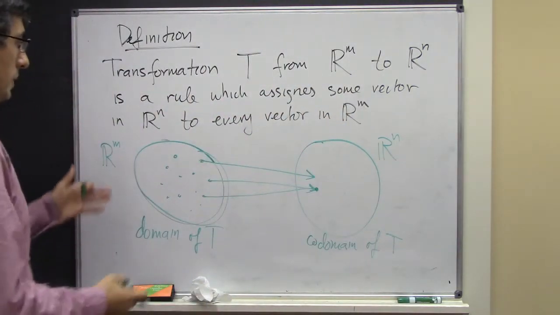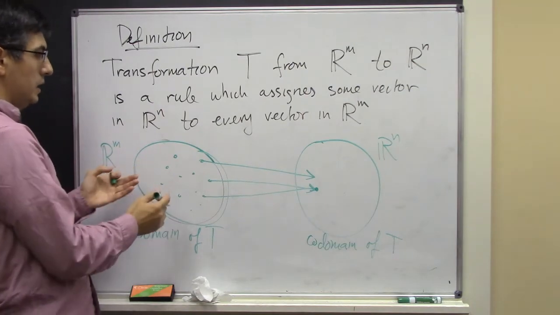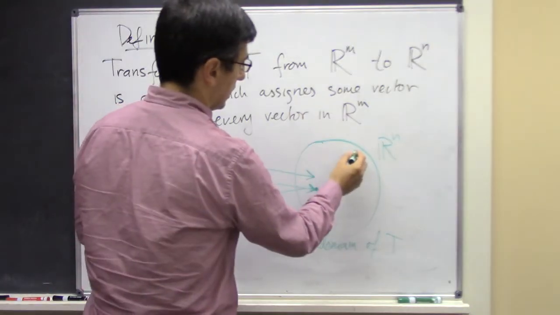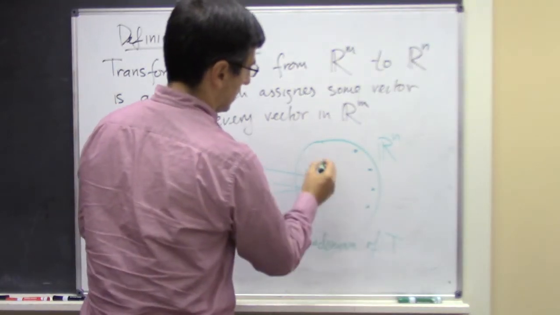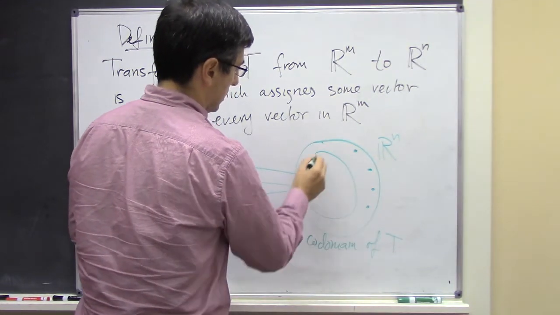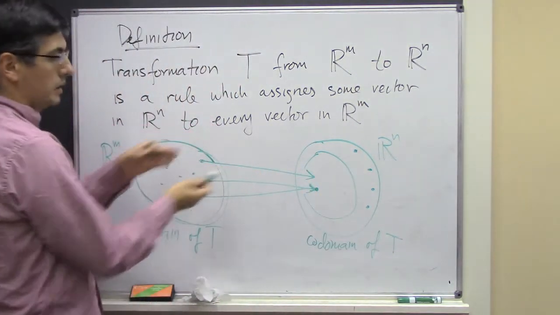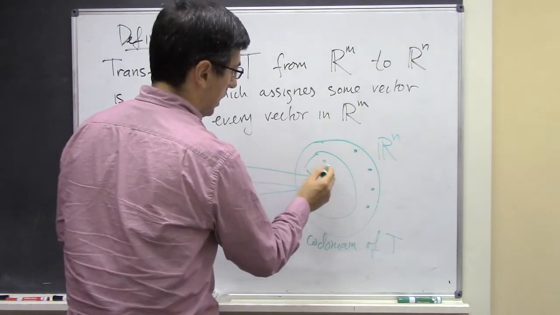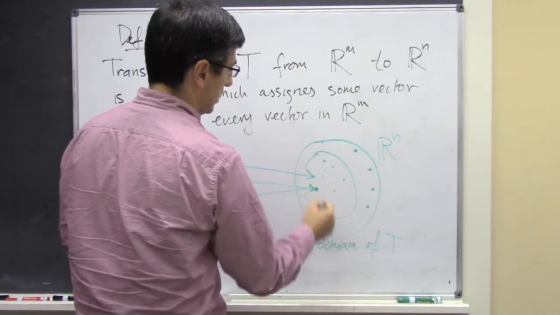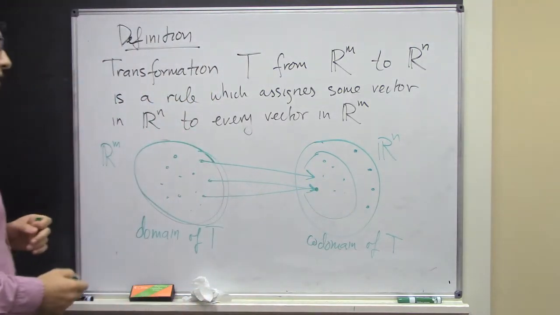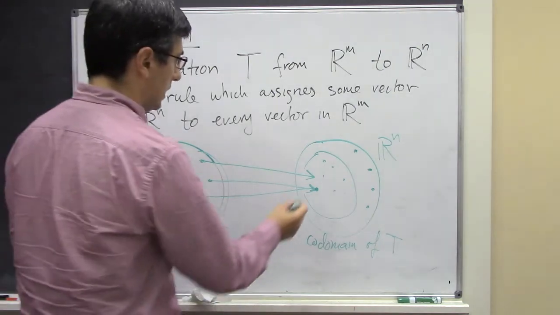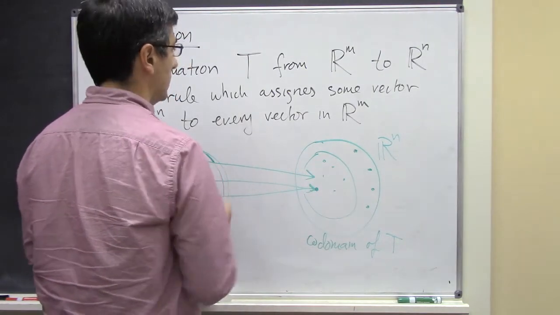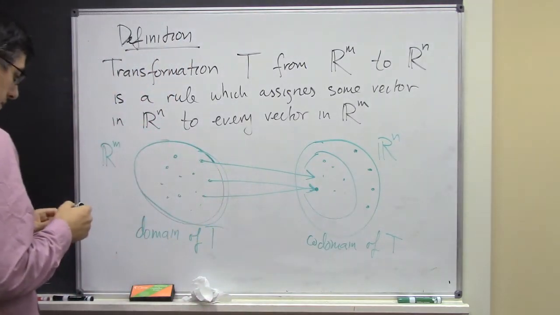And then in principle it can happen that not every vector here gets hit by an arrow. You can have a map that lands into a strictly smaller subset, and this subset is called the image of T.